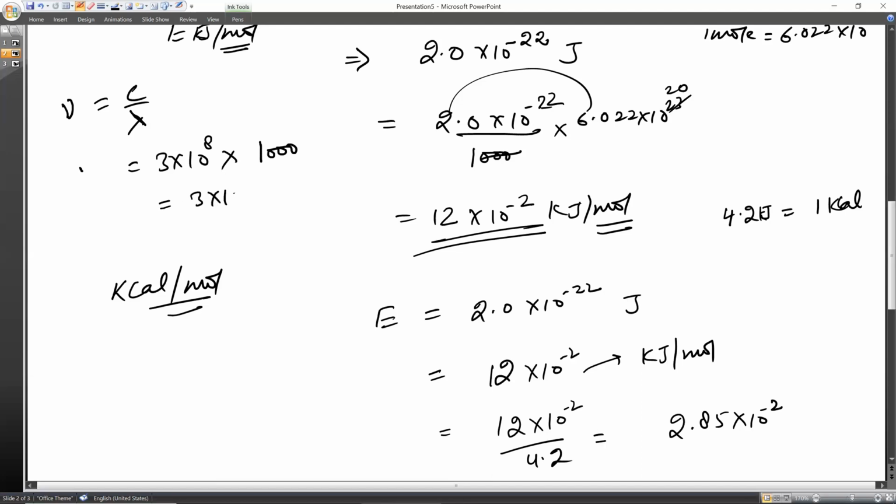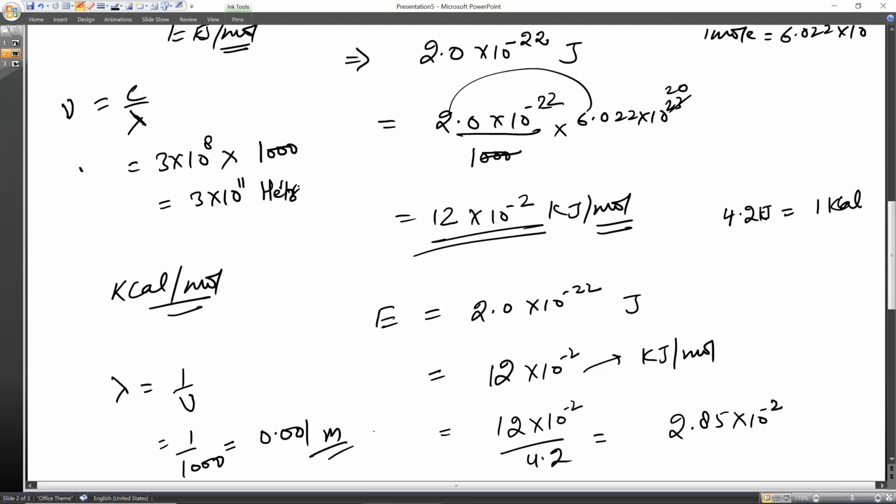So that would be 3 into 10 power 11 hertz. Next, what is the wavelength? Wavelength is the reciprocal of this one. So wavelength is equal to 1 by wave number, that is 1 by 1000, which is equal to 0.001 meter, or 10 to the power minus 3 meter.